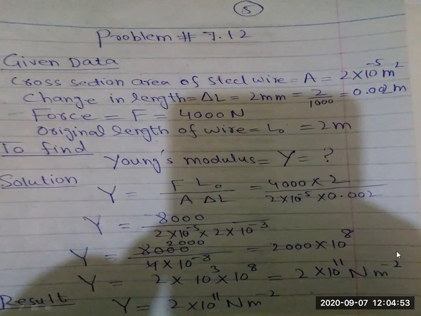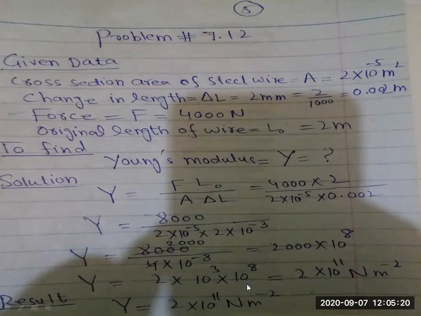Take this on the top, so minus 8 goes on the top, it will be 10 to the power 8. Again the bases are the same, powers will be added. 8 plus 3 is 11. So our Young's modulus is 2 times 10 to the power 11 Newton per meter square.